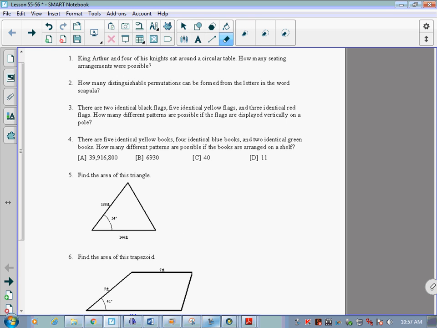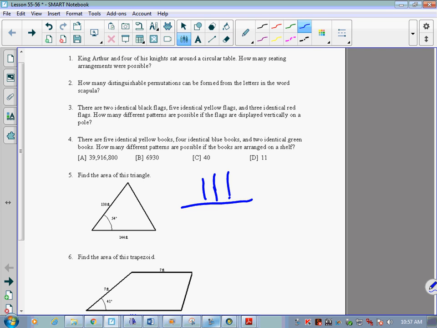Let's look at number 4. Number 4 is still distinguishable permutations. 5 identical yellow books, 4 identical blue books, 2 identical green books. How many different patterns are there if the books are arranged on a shelf? All right, count up the number there are. How many are there? 11.